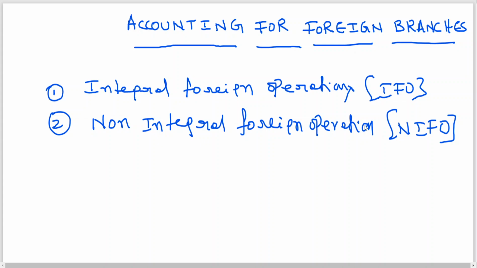Stand-alone means they are not dependent. It accumulates cash and other monetary items, and also incurs expenses and generates incomes. Perhaps they also go for borrowing in local currency.